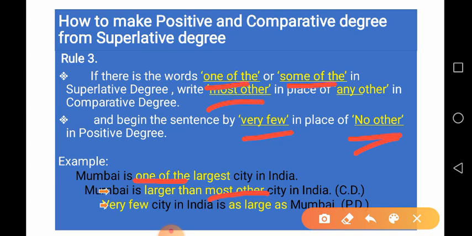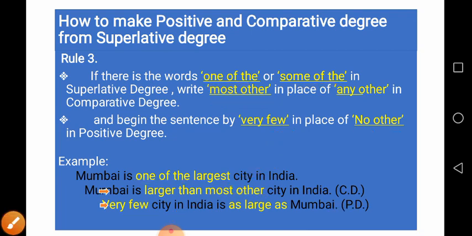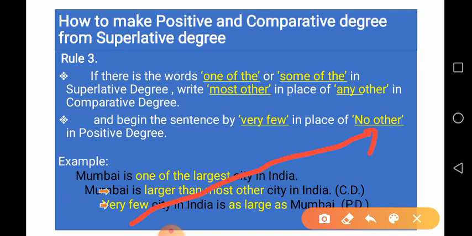So remember, instead of any other, we take the words most other, and instead of no other, we use very few. Very few cities in India are as large as, with the adjective written in between as.